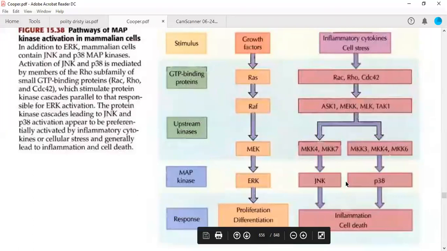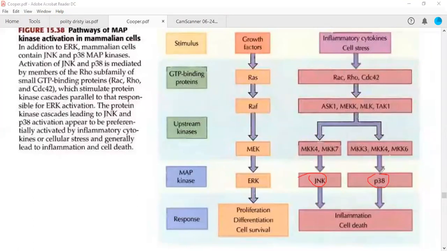On the other hand, there are other types of kinases, JNK and P38, which are also MAP kinases actually, but they are involved in inflammatory responses or in cell death.